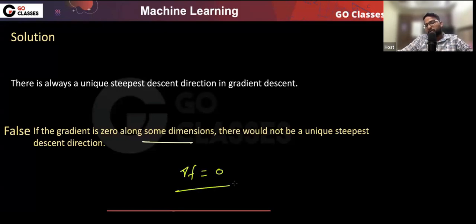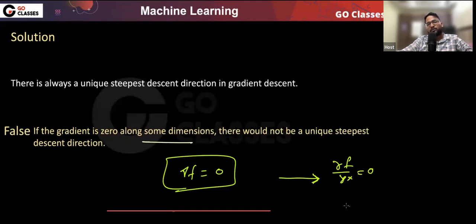But if it is zero in just one dimension, let's suppose along the x-axis, which means del f upon del x is zero, and everything else is non-zero, then with respect to x, you go in this direction or this direction, it doesn't matter.